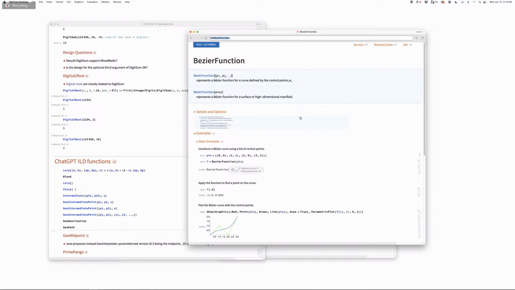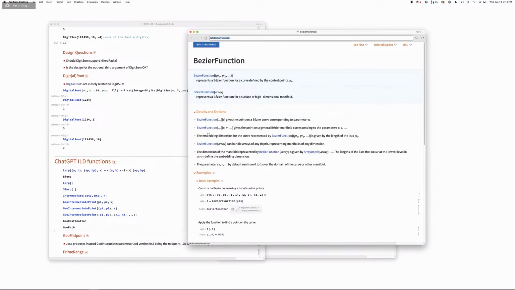It's almost like given a symbolic thing like this Bezier function. Well, wait a minute. What's this? This is finding a point on the curve. I don't know what that parameterization means. I think this requires more research.